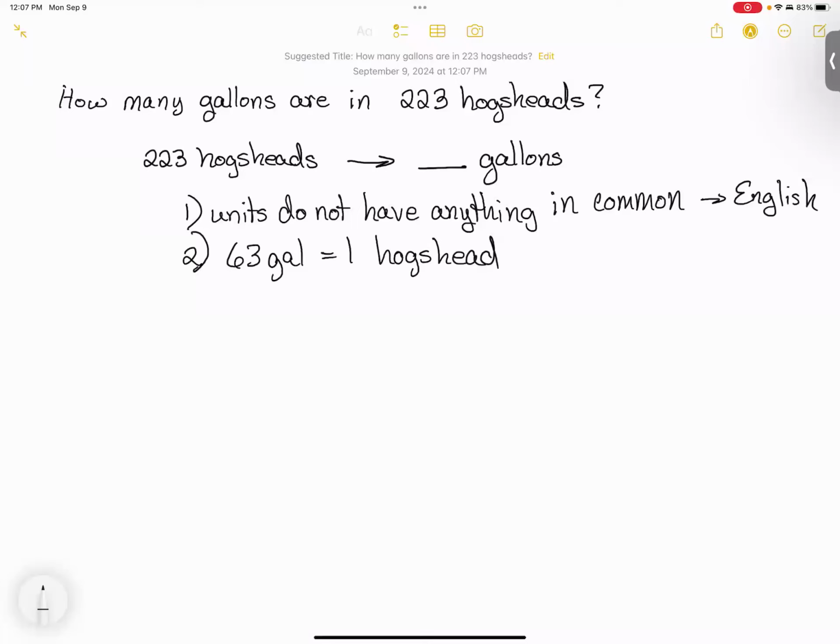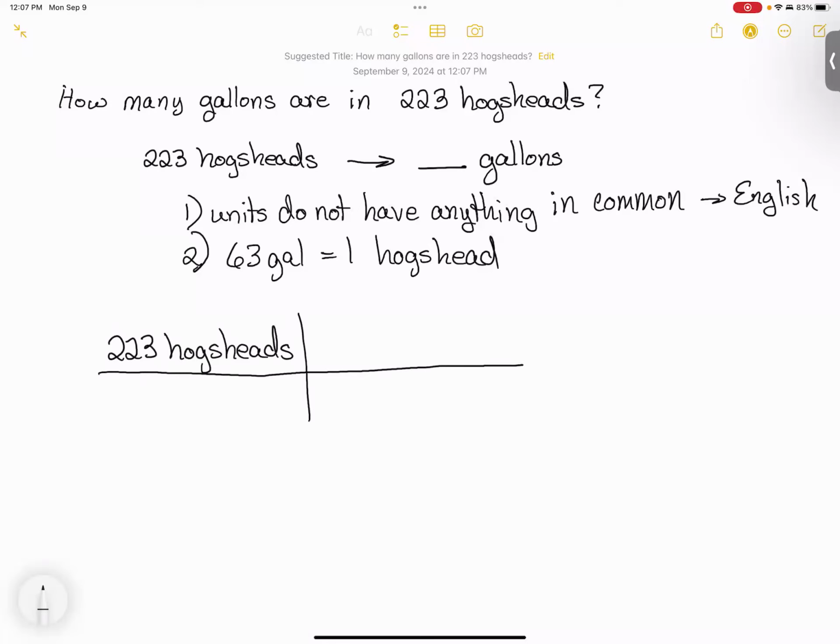Now I'm going to begin my problem. I'm going to start with the 223 hogsheads. And in order to perform this calculation, since hogshead is in the numerator, that means the hogshead needs to be in the denominator.